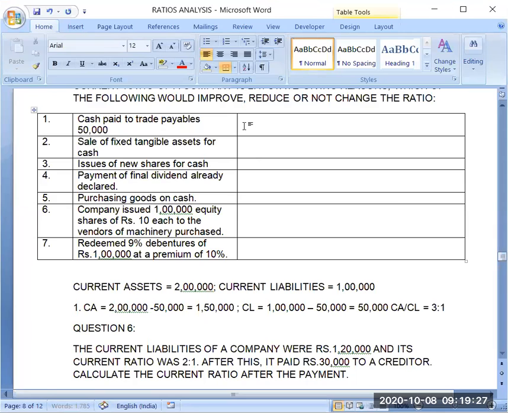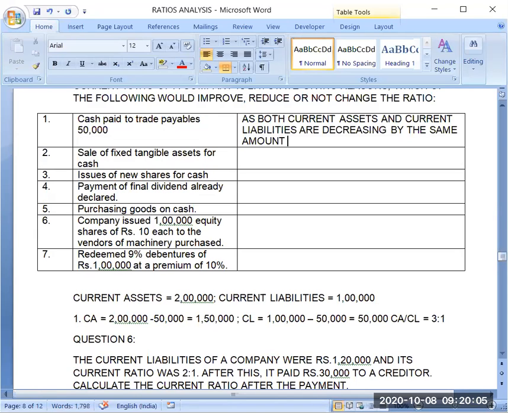So here I have to write the reason. I will write the reason as both current assets and current liabilities are decreasing by the same amount, the current ratio will improve.